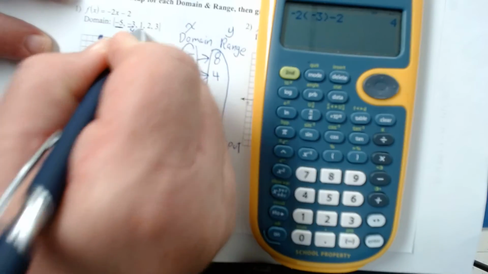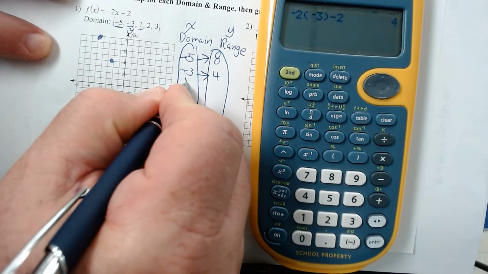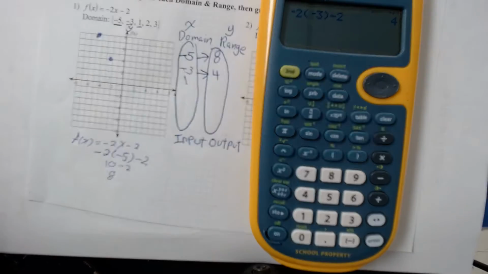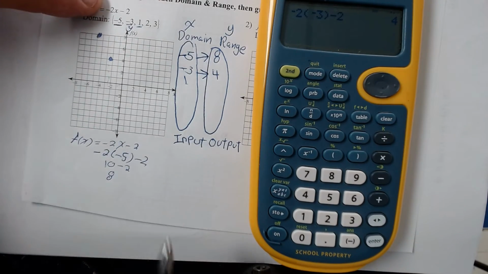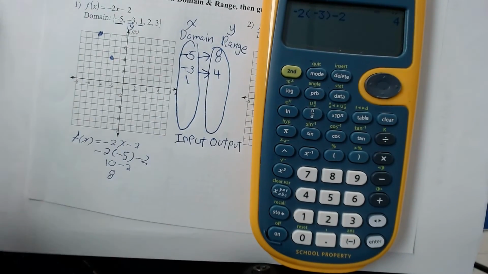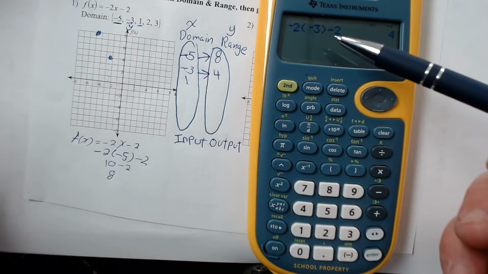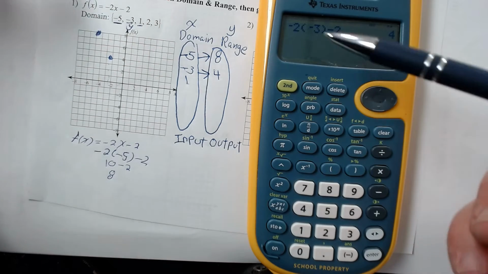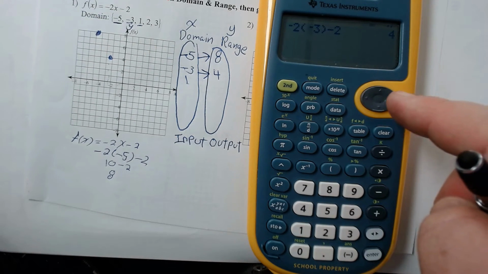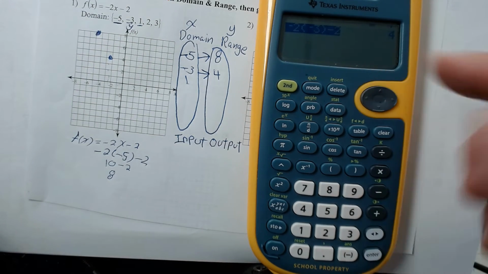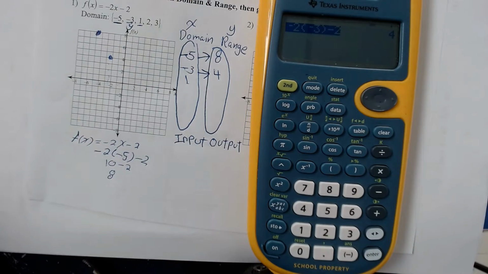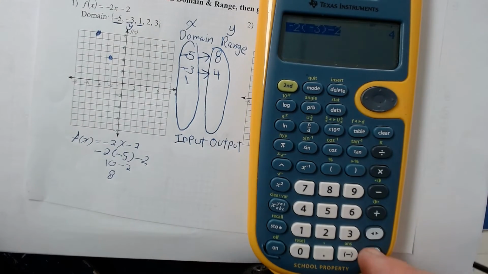I'll then plug in 1 for my domain. Now, quick calculator trick. This formula is going to stay constant throughout the whole domain. So I got the formula in there previously at the previous question, but I need a 1 instead of a -3. And here's what I do. I use this arrow button, arrow up 2 times, till I highlight the previous question. I hit enter.